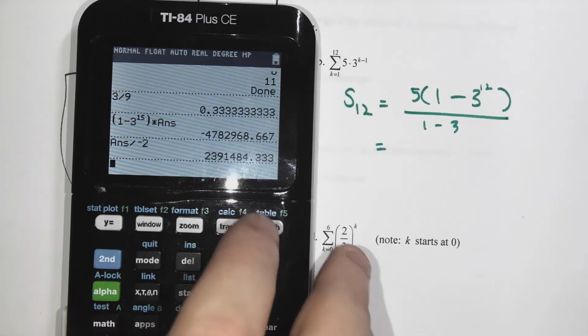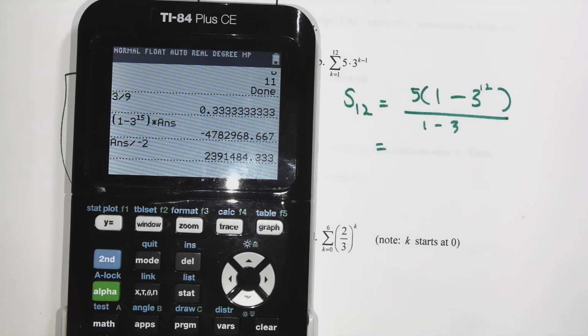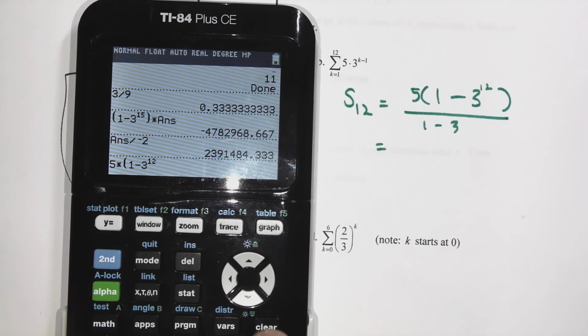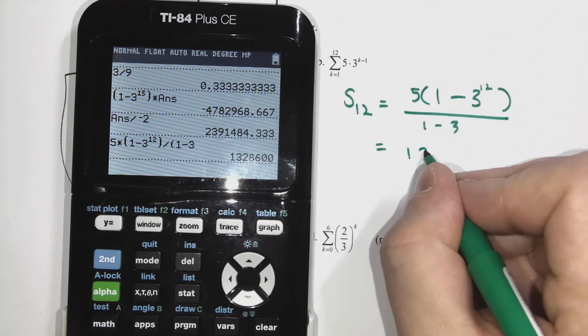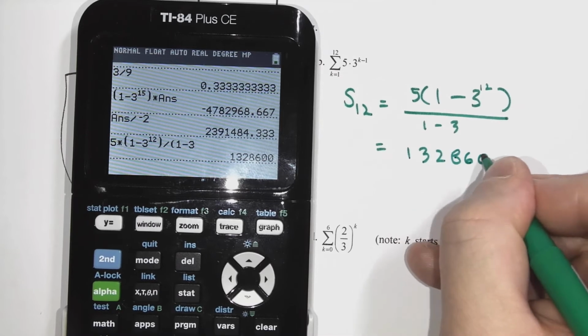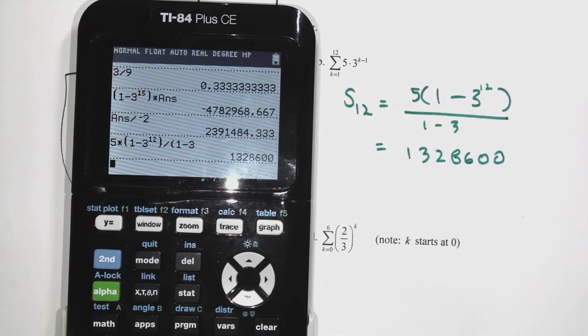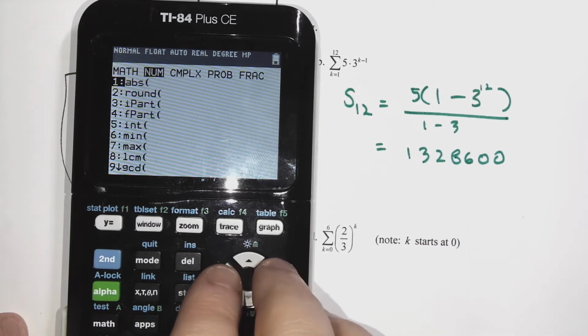So according to our calculator, we would get 5 times 1 minus 3 to the 12th all over the quantity 1 minus 3. That seems to be 1328600.